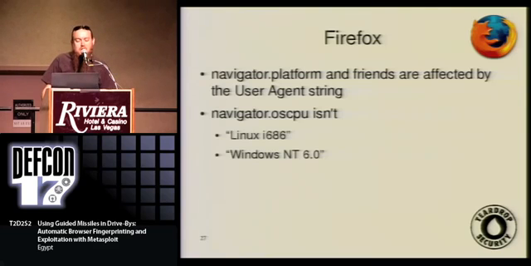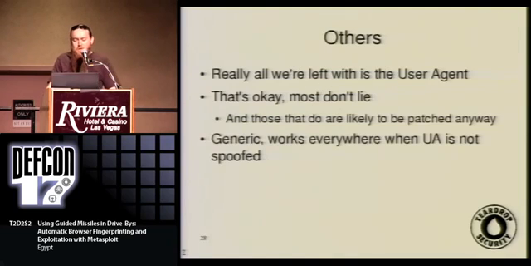It's interesting that the Linux versions also give us the CPU, which is totally cool because now it means it's Linux on Intel, so I don't send any PPC shellcode with it, saving me a shell. Since I don't really do anything specific for anybody else, all we're left with at this point is the user agent. For the most part, that's okay. Most people don't lie about their user agent. If they are lying, it's likely that they're patched anyway.